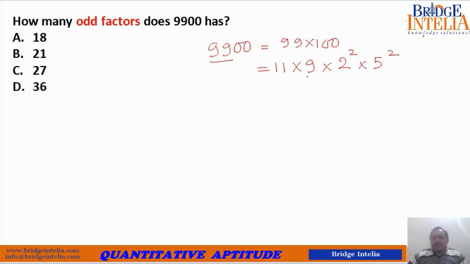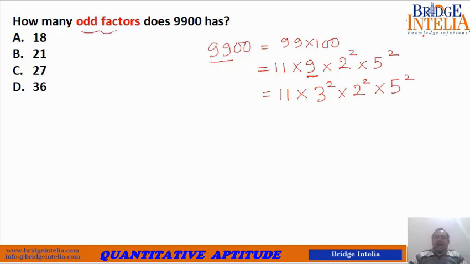This 9 is not a prime number, so you have to break it further because we need prime factorization. So 11 into 3 square into 2 square into 5 square.